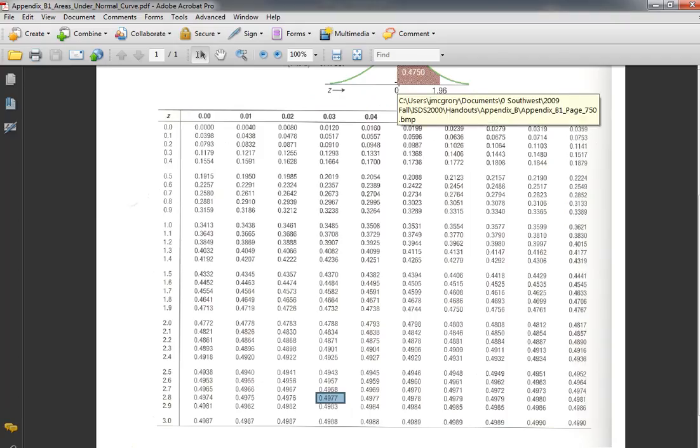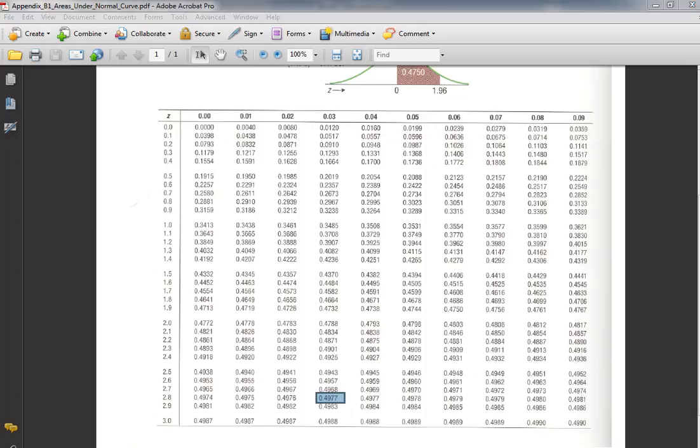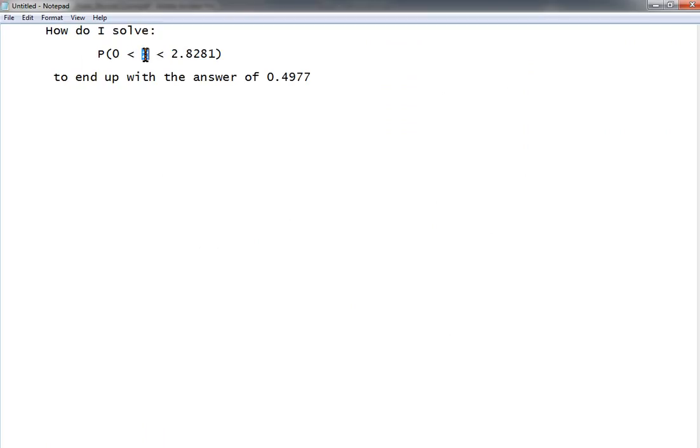So we just add that on or take it off as the case may be. So if your calculator is saying, for example, 0.9977, it's because it's giving you the area under the curve, and area, of course, is probability, from here to negative infinity.